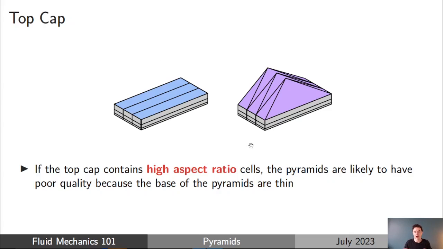So if we have a high aspect ratio top cap, then the pyramids themselves are going to be very thin, and these pyramids don't have very high quality. Even just from the triangular faces of the pyramids, they've got very acute angles. So these pyramids aren't going to have very high quality, and this means we need to be careful with how we generate the top cap of the layers.